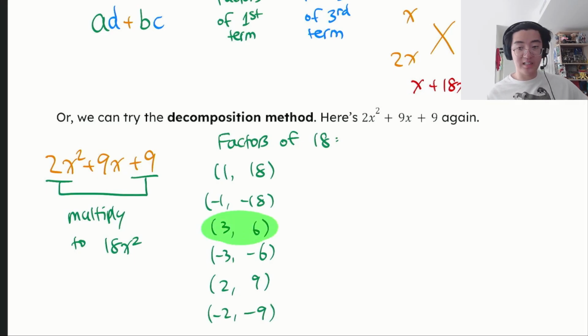Right? They multiply to 18, but add up to 9. I'm going to do a different color here, just so it's less confusing. Oops. To add to this 9x right here.